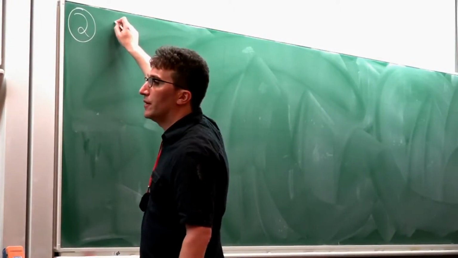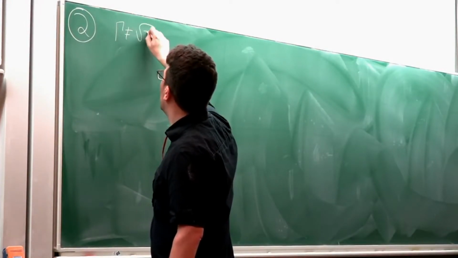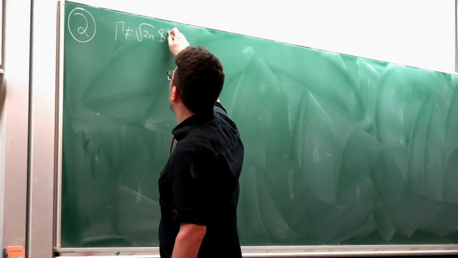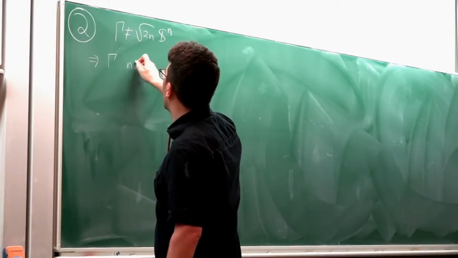So the point is we know that since gamma is not equal to the round sphere, this implies that gamma is not mean convex.